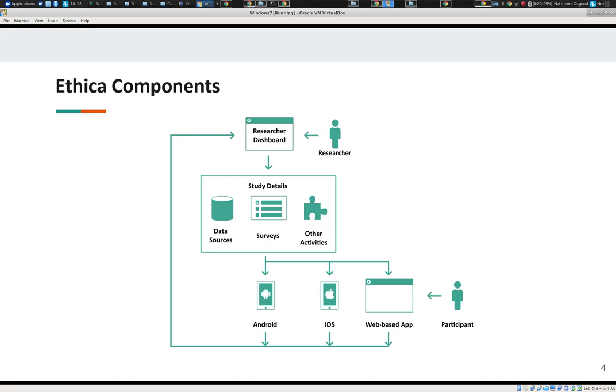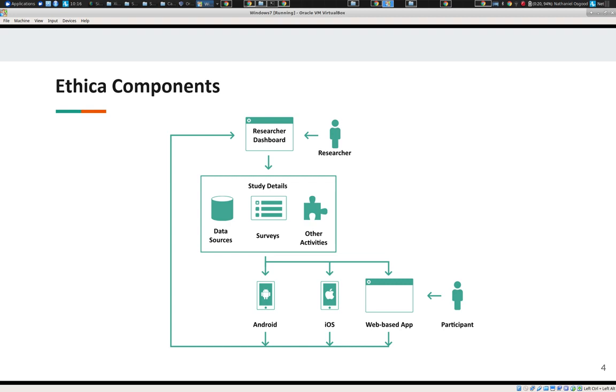These data sources are typically sensor data. For example, maybe we record for adolescents how much screen time they're recording and what apps they're using. Or maybe for individuals where we're interested in the struggles they have in getting access to care, to capture their geographic patterns with GPS.